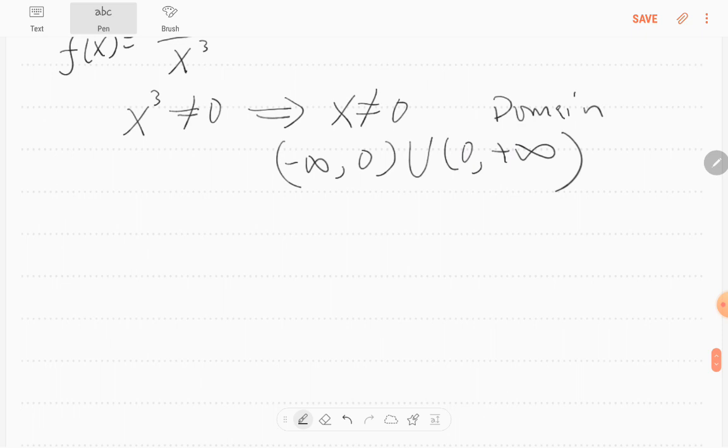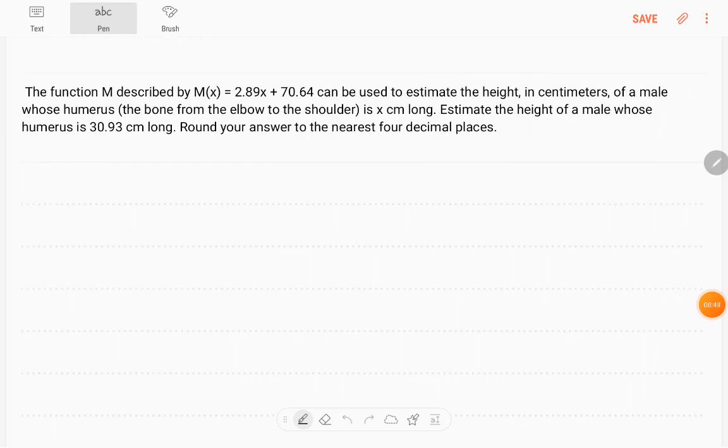Okay, so now let's look at some other problems. This is an example. The function m, described by m(x) = 2.89 times x plus 70.64.